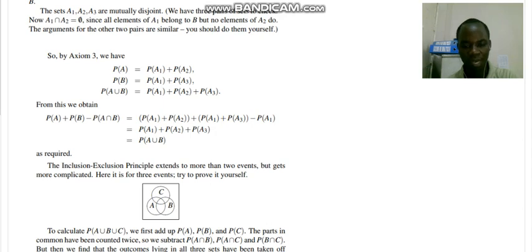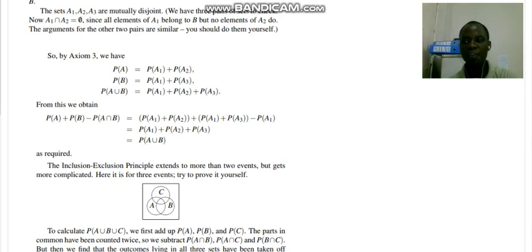So this simplifies to the probability of A1 plus the probability of A2 plus the probability of A3, which is the same as the probability of A union B, as required.